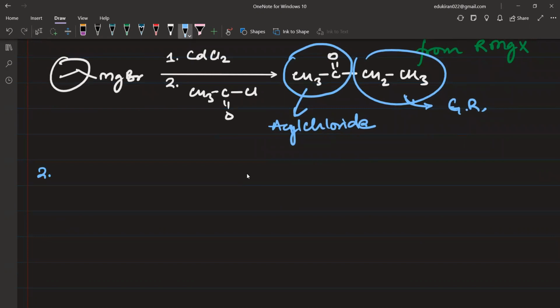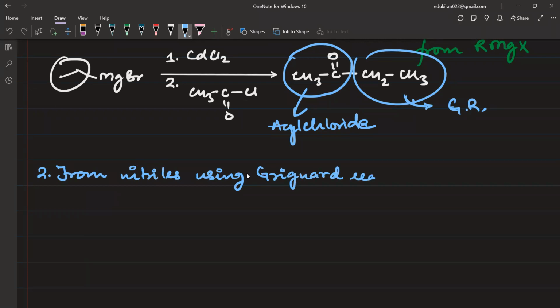Right, next. From nitriles, using Grignard reagent. You have seen this reaction in haloalkanes and haloarenes also, in the conversion part.